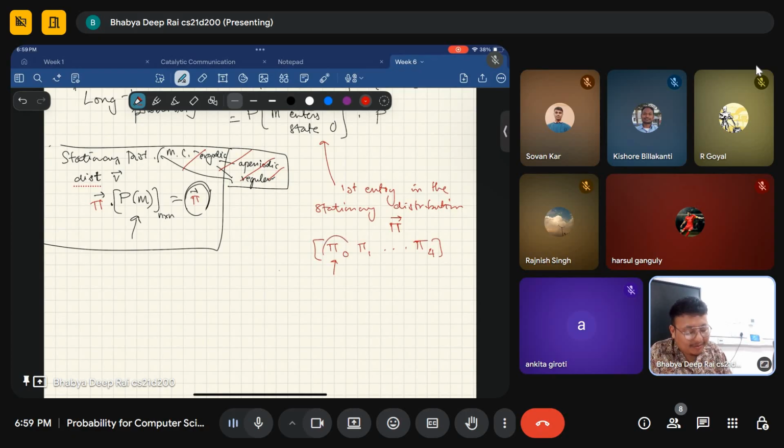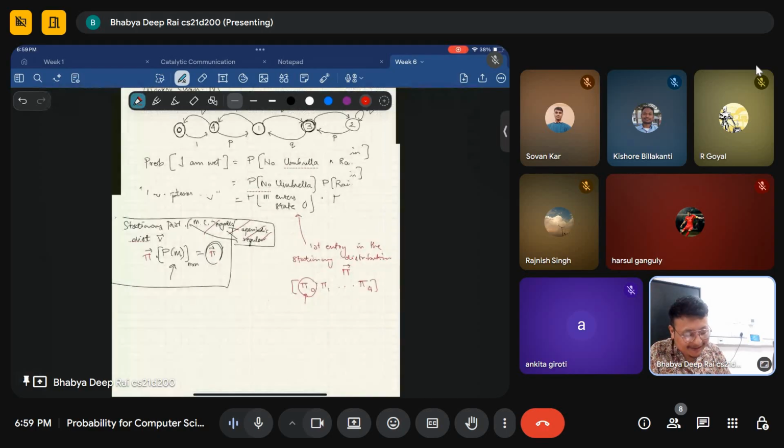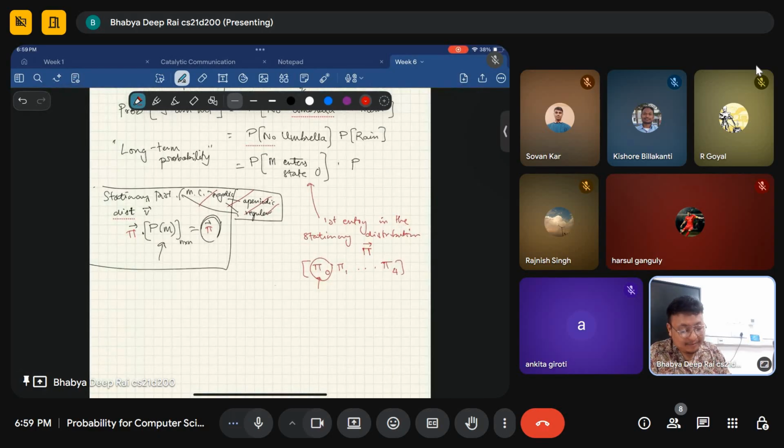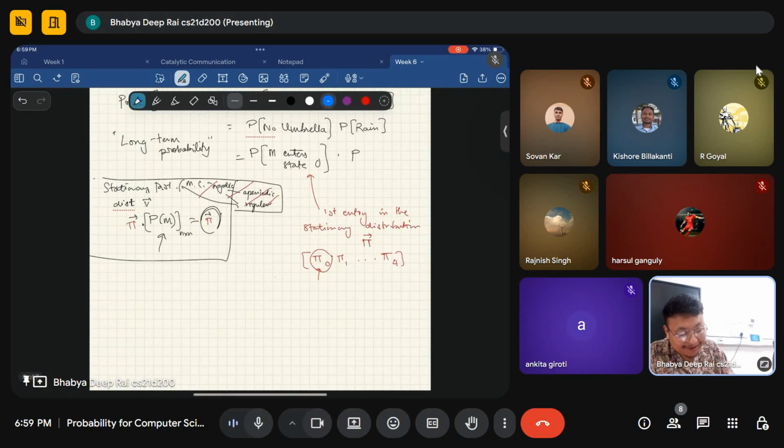So this is what I need to compute. Because we are running out of time, I'll quickly tell you directly: you need to compute pi P equals pi.